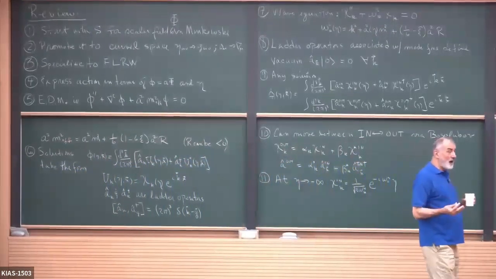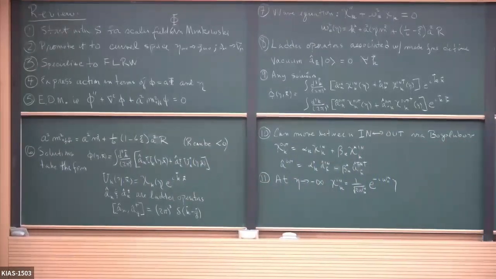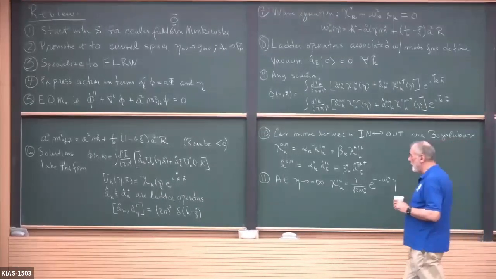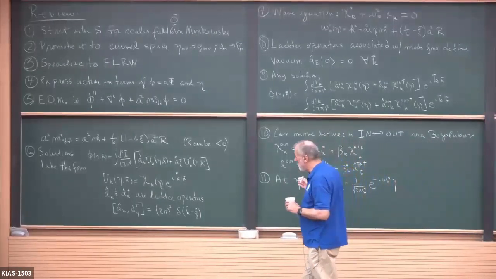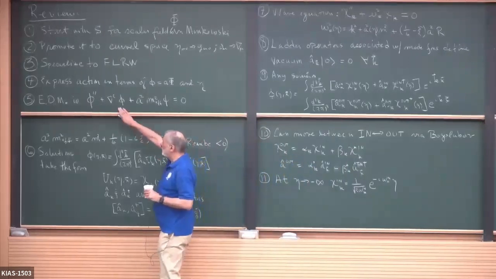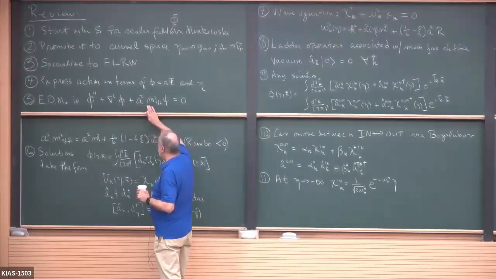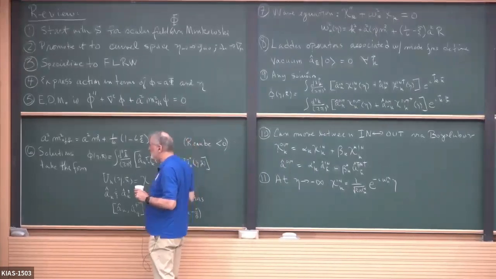Since we are going to quantize the theory, we have to have a canonical kinetic term. And the equation of motion is phi double prime, again, prime is the derivative with respect to conformal time, plus grad squared phi plus a squared m effective squared phi is equal to 0.